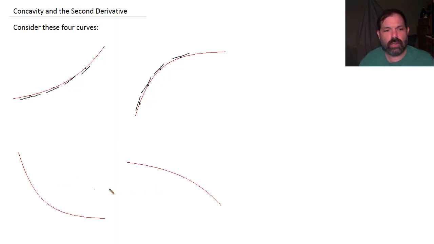Now let's look at these curves that are decreasing. And again, in this first example, if I were to draw a few tangent lines, those tangent lines are all below the curve. This curve is decreasing, but now look at the slopes.